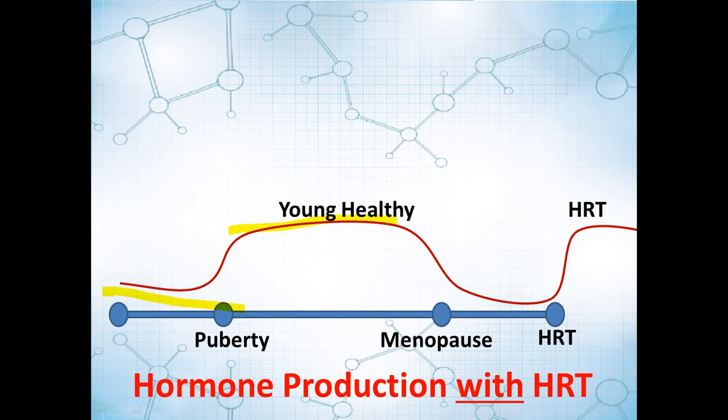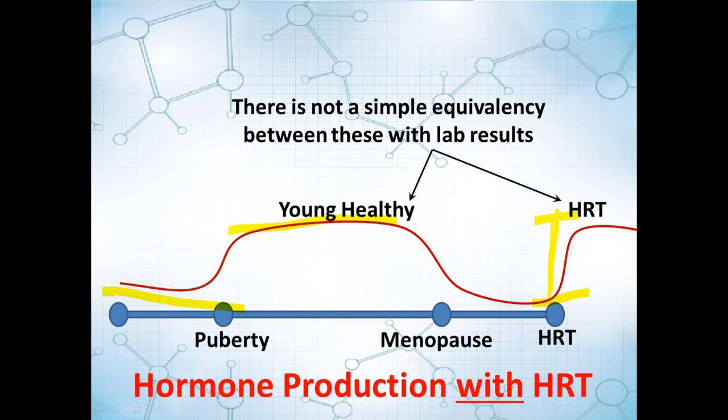And to some degree, you're going to raise these hormone levels back up, maybe not all the way to young, healthy levels, maybe in some cases higher, in some cases lower, but you're going to be adding hormones into the mix. And if you do it perfectly, this is the first big caveat, there is still not simple equivalency between a young healthy value and an on HRT value.